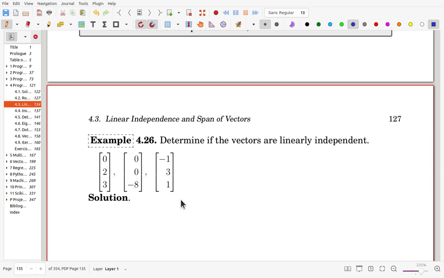If there is no non-pivot column, so every column is a pivot column, then this set is linearly independent. Eventually, solving such a problem is related to elementary row operations. We consider these vectors as a matrix.